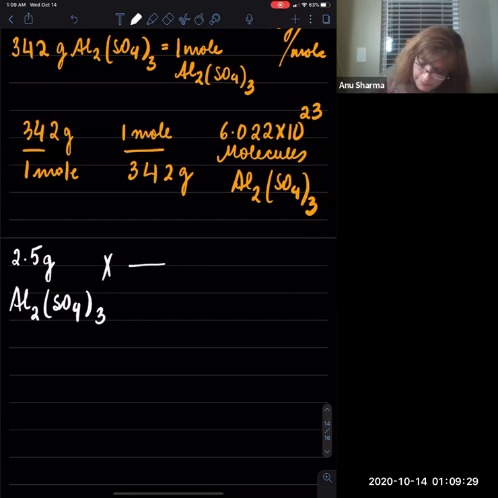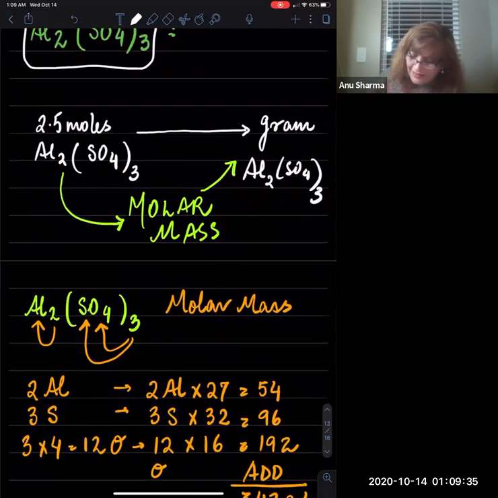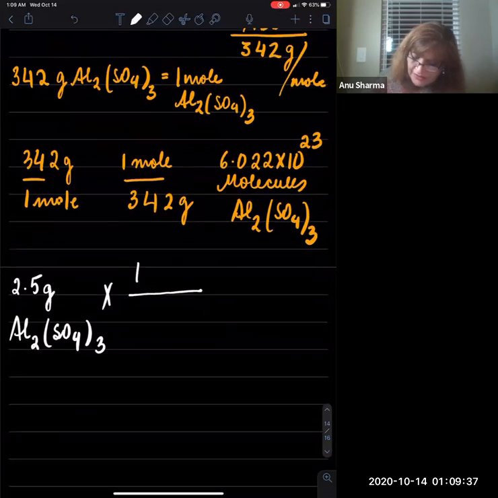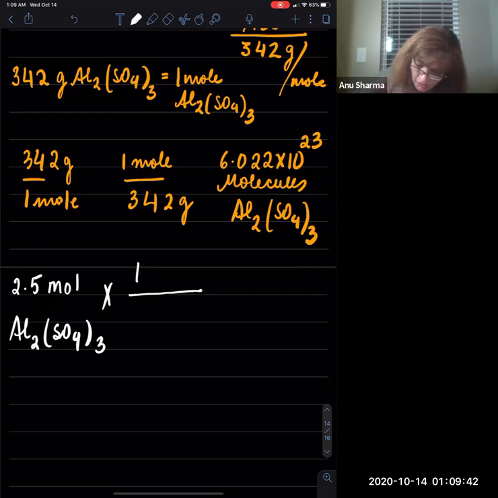Sorry, this is the moles that is given. These are the 2.5 moles of aluminum sulfate, and we are converting into the grams.